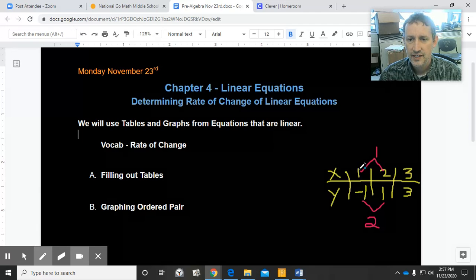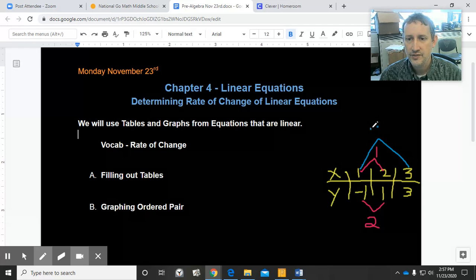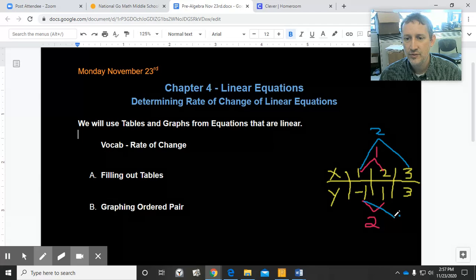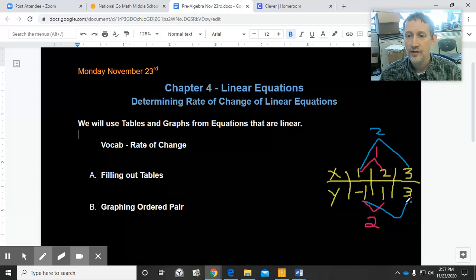So let's see. If I go from 1 to 3, that's going up by 2. And my y is going from -1 to 3. So that's -1, 0, 1, 2, and 3, or 3 minus -1 is going to give me the same number.